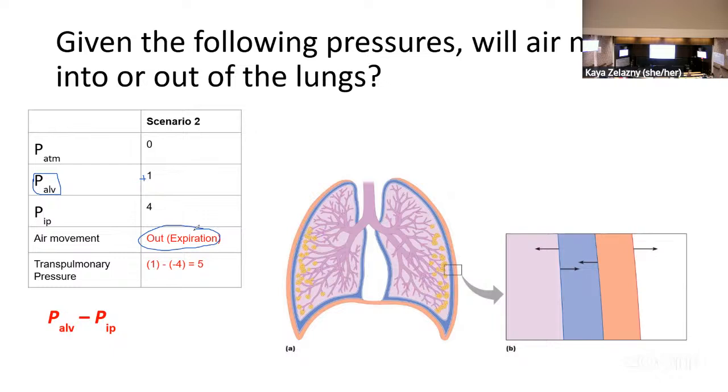But your body cares about this distending pressure across the lung, where we are still sticking the lung to the chest wall. When we subtract our intrapleural pressure, which is always negative, we've got 1 plus 4 equal to 5. So we've still got some force keeping that lung with the chest wall.